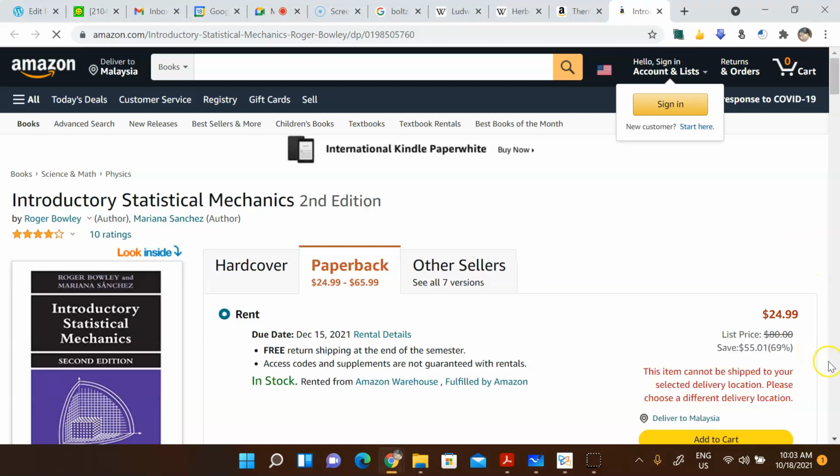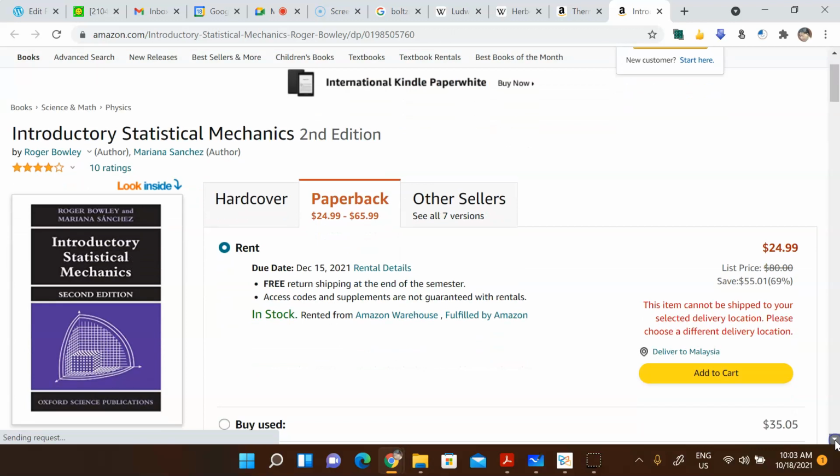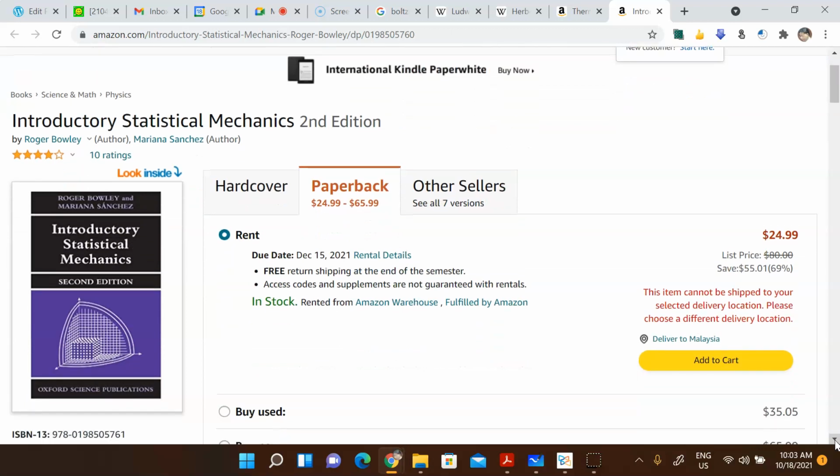Great. So this is the book that I'm going to use. Essentially, from my survey of books on statistical mechanics, this is probably the easiest. So I recommend you to buy it if possible, but you can also try to look it up on the web.